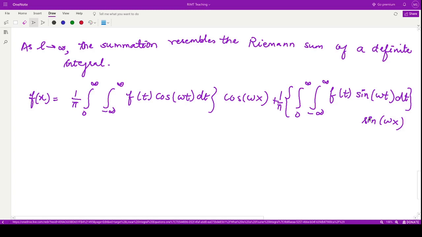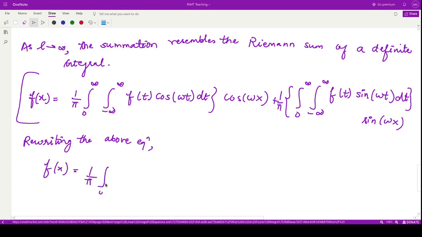So here I can write an equivalent form for this equation, so let me call this rewriting the above equation. I can write f of x as 1 by pi integration from 0 to infinity. Now I can define the whole of this thing as a omega and the whole of this thing as b omega.